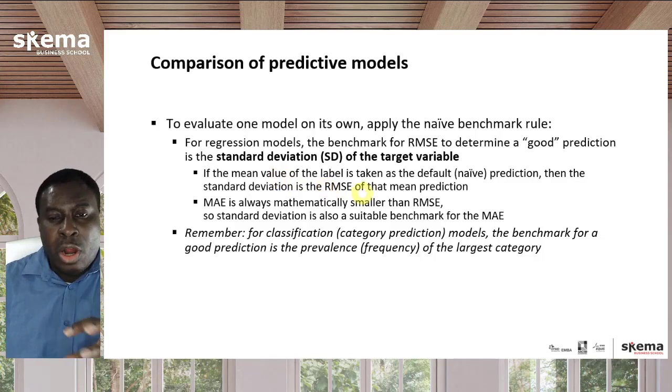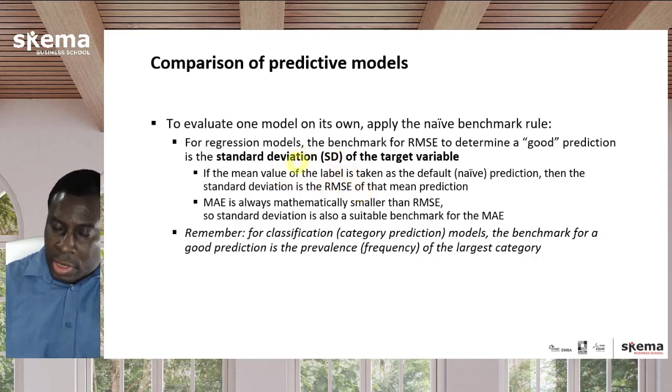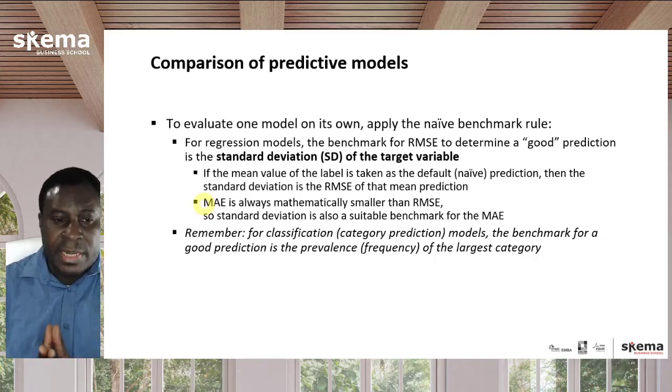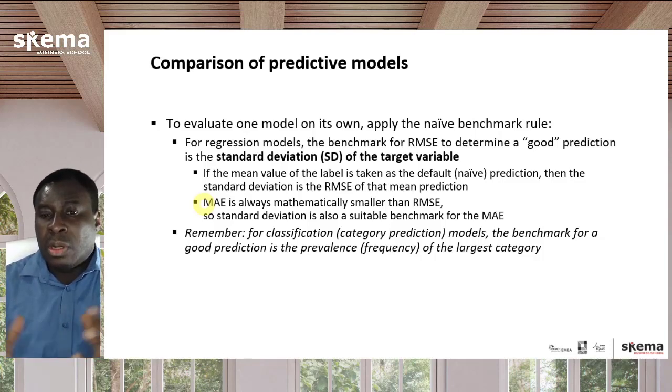So a good RMSE should be less than the standard deviation, because you're trying to minimize error. The MAE, mean absolute error, is mathematically always smaller than the RMSE when calculated on the same data set, so the standard deviation is also a suitable benchmark. The MAE should also be smaller than the standard deviation.